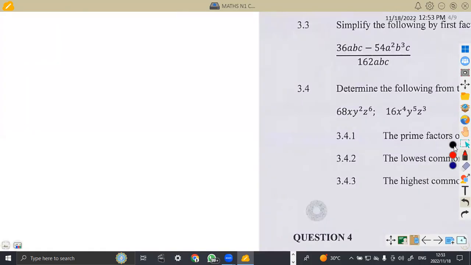Right, let's start with 3.41. Not 168, but 68. So we've got 68xy squared z to the exponent of 6. What you're focusing on is the 68 here as a product of its prime factors.